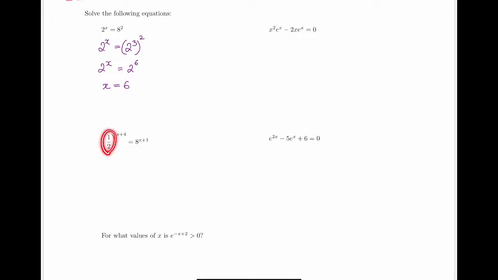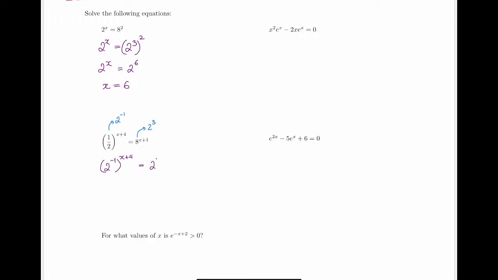So here I have 1/2 and 8, and I will reduce them both to powers that have 2 as a base. So 1/2 is actually 2 to the -1, and 8 is actually 2 cubed. So I'm going to replace those numbers with those representations in base 2.